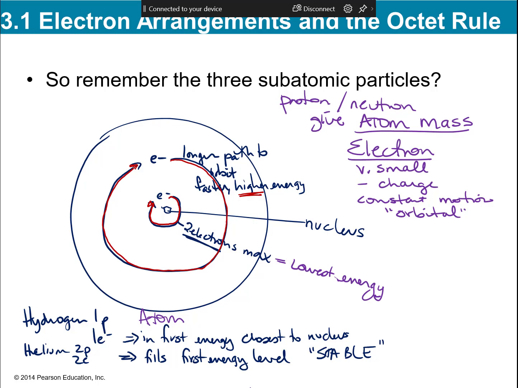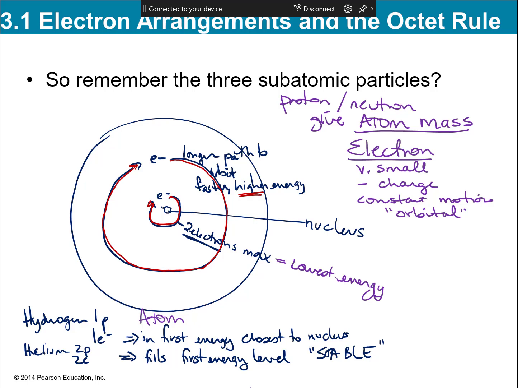In fact, with the two smallest of all of the elements, hydrogen and helium, which you know are all the way up at the very top row on the periodic table, hydrogen has 1 proton and 1 electron. That 1 electron fits in that smallest energy level. Helium has 2 protons and 2 electrons, and its 2 electrons fit in that smallest first energy level.